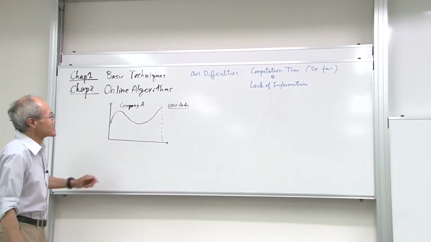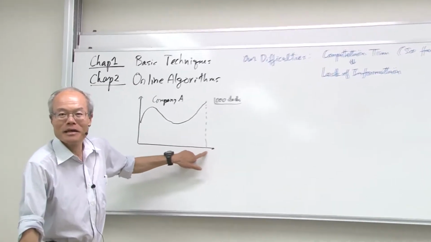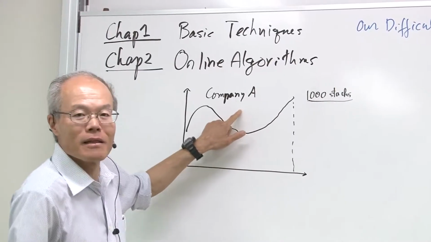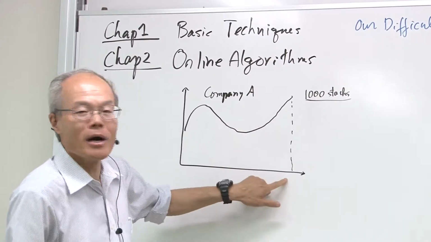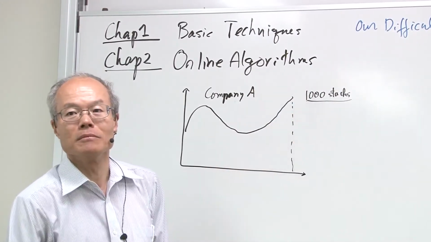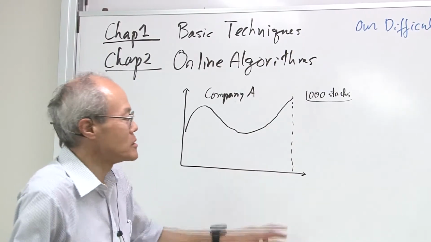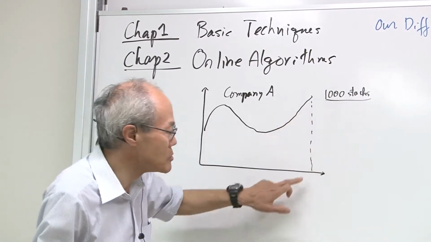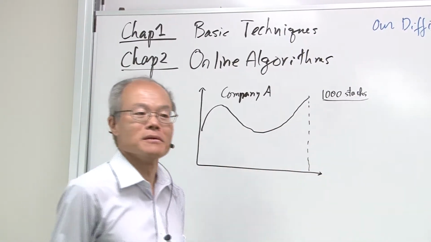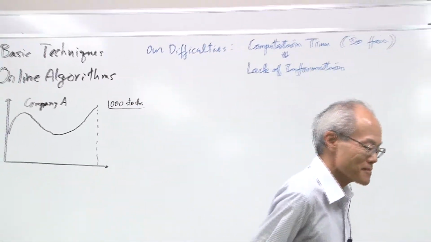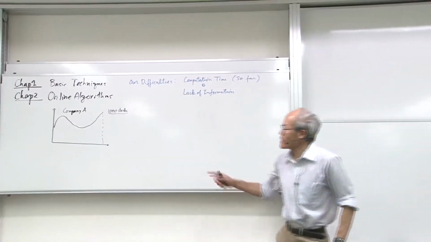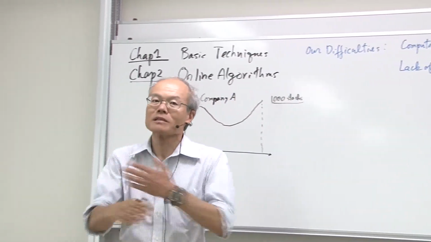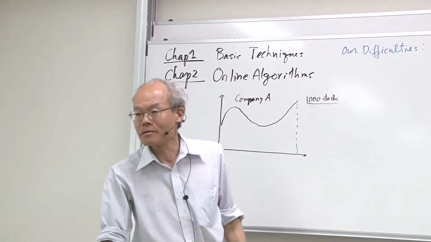So suppose this is today, and you are holding 1,000 stocks of company A. The question is whether to buy more or to sell some. Of course, you don't know the change of prices from now on, so there is no complete solution.